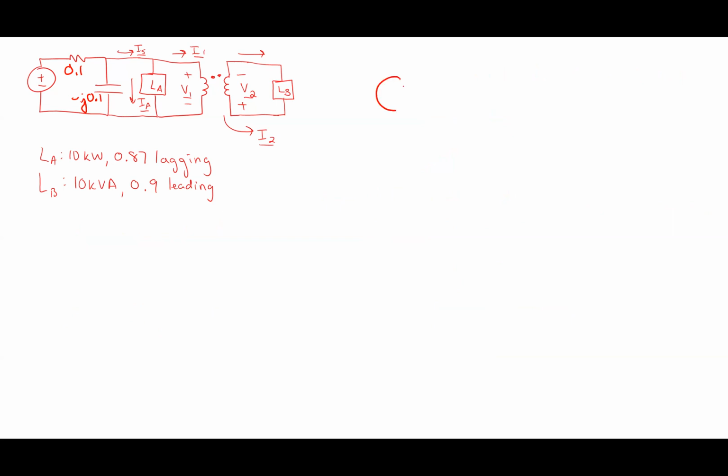I want to zoom in on that circuit here. I've been told here's V sub S. I know this current, I sub S, right there. What I'm going to do is make a Thevenin equivalent. I'm going to break the circuit right at the terminals between the capacitor and load A. At that point, I have I sub S flowing out, because that's what I've defined over here.